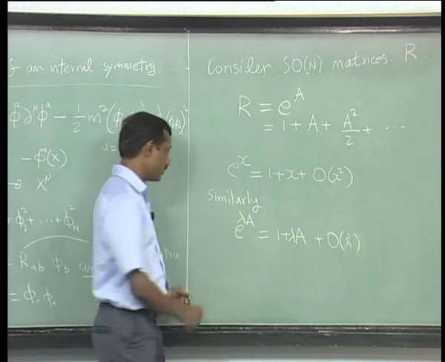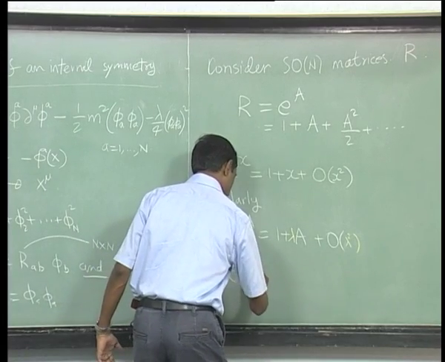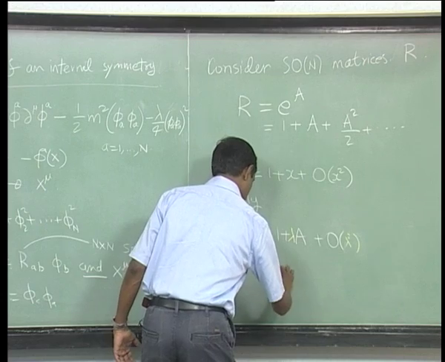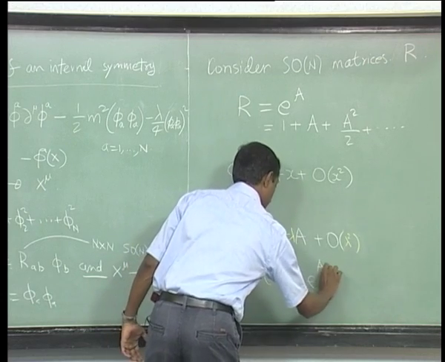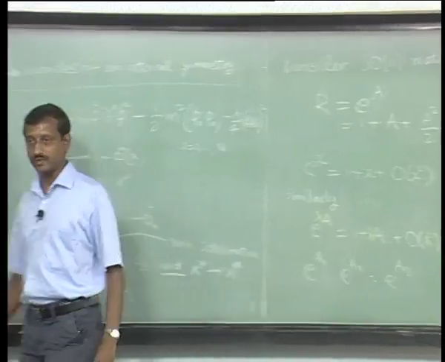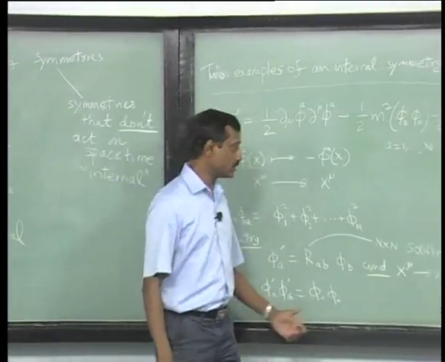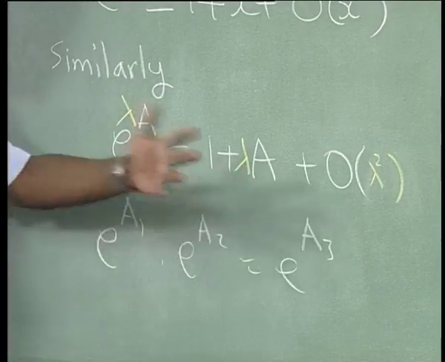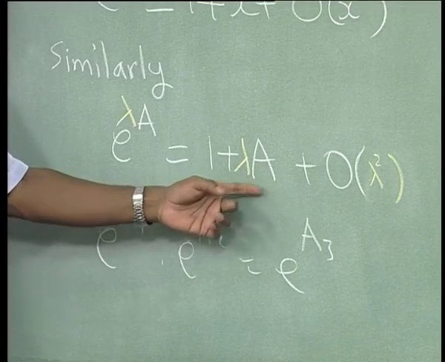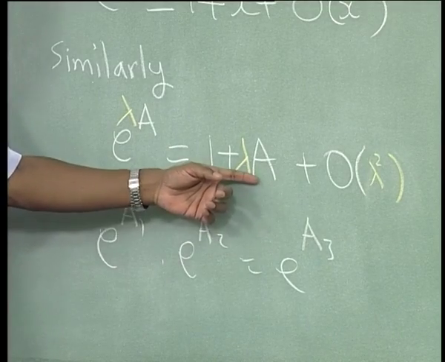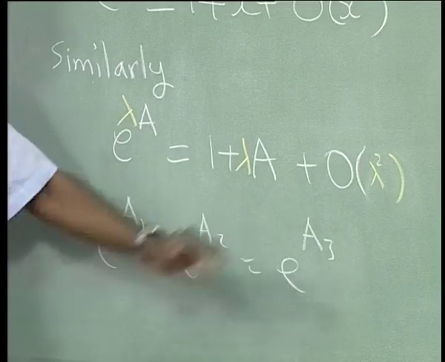I mean, if you have to say that e power a1 times e power a2, and I ask you to work out what a3 is, you know that there is a long formula for this thing. Okay. But what we will see is for many of the things it is enough to understand what happens at this order, and everything rest of it sort of carries over.